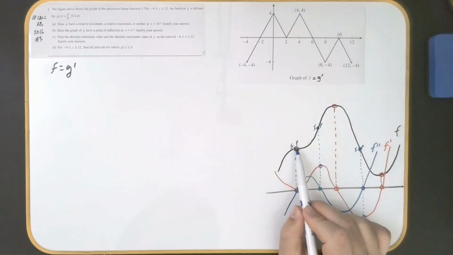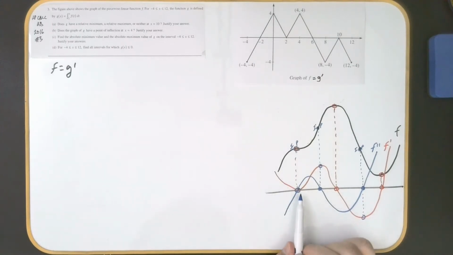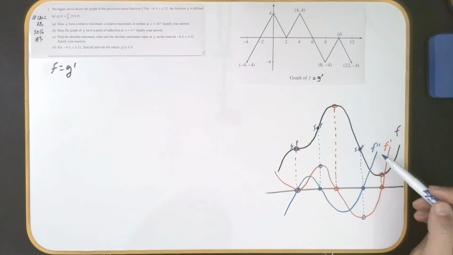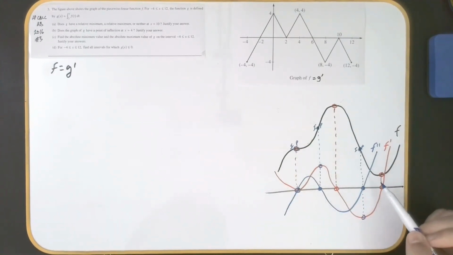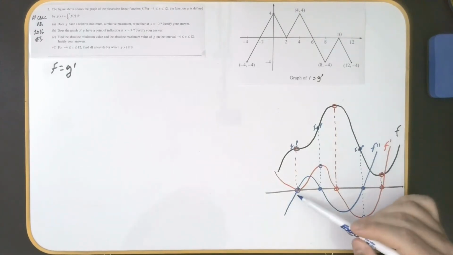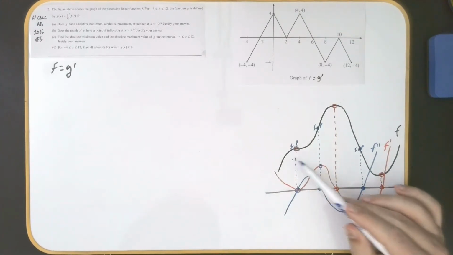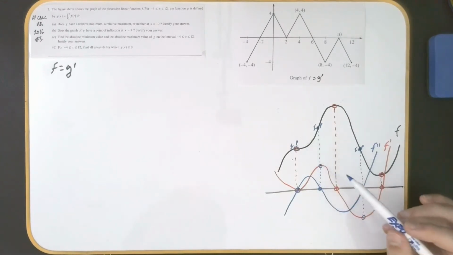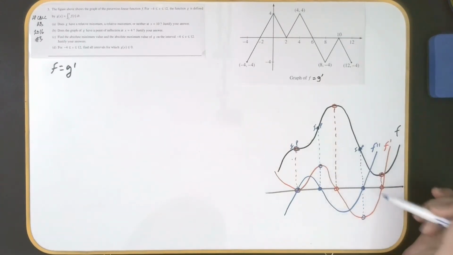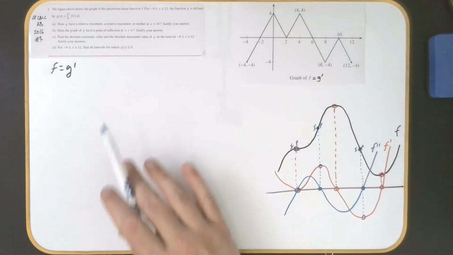Flat spots on the original function correspond to kisses. If you continue to go through that, on the second derivative, the x-intercepts correspond to inflection points. Where the second derivative is negative, the original is concave down. Where the second derivative is positive, the original function is concave up. But you can actually answer that with just the first derivative, which is again why they like to give that to you. So let's go back to the question.